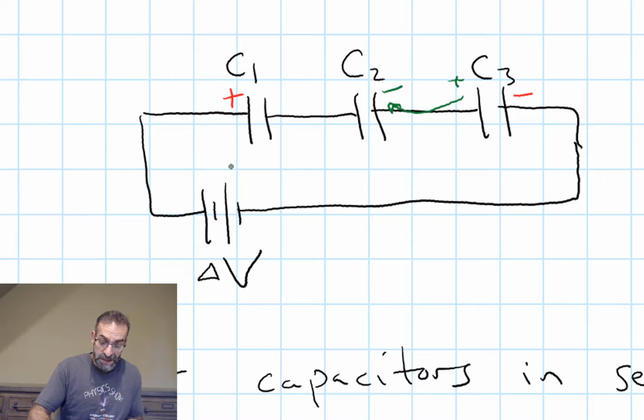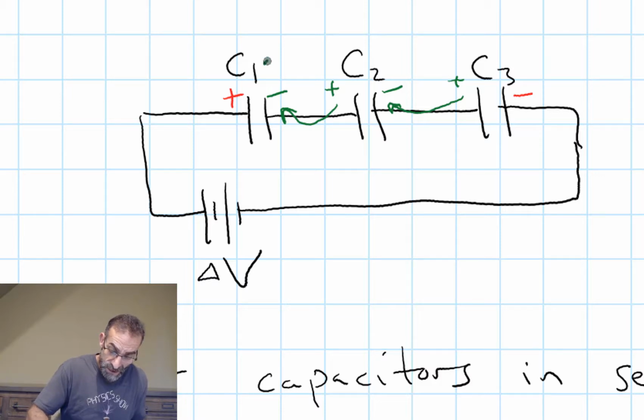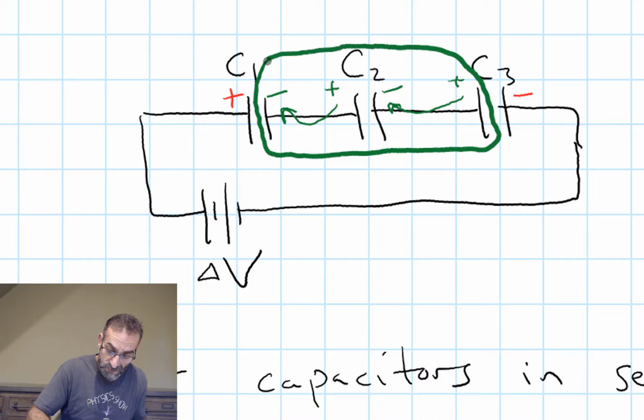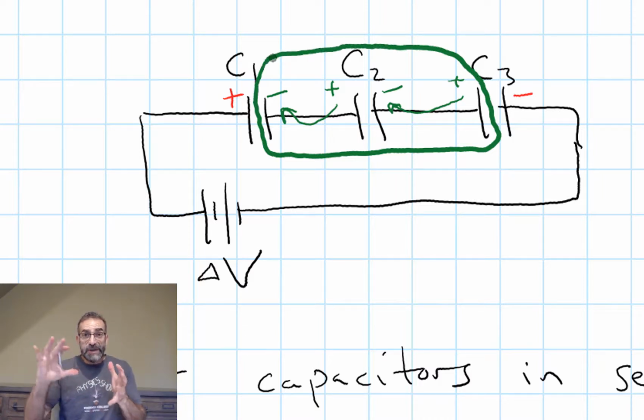And over here at C1, that positive charge attracts an electron, leaving a positive behind. So internally, I'm going to use green. Internally here, those charges just redistribute based on what the battery is doing.